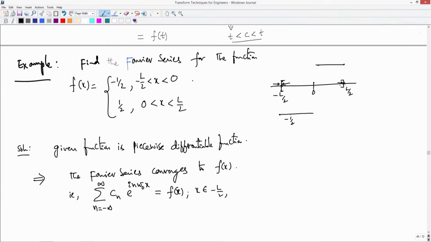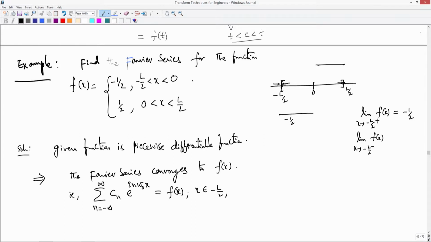That is how you can recognize it, because you look at the limit of this function. The limit of f of x as x goes to minus L by 2 from the positive side is actually minus half, clearly as it is a constant function here. Now, what happens to the limit of f of x as x goes to minus L by 2 from the negative side?